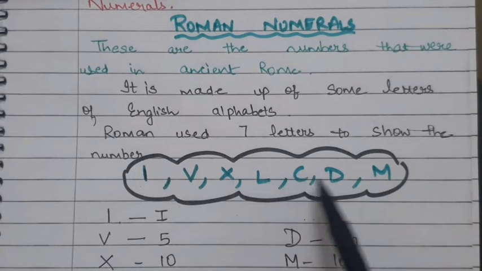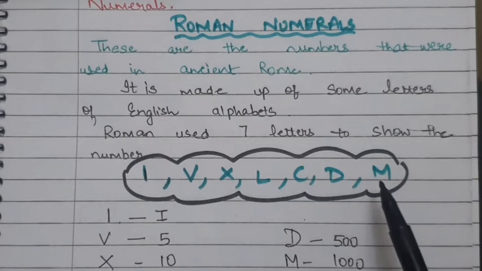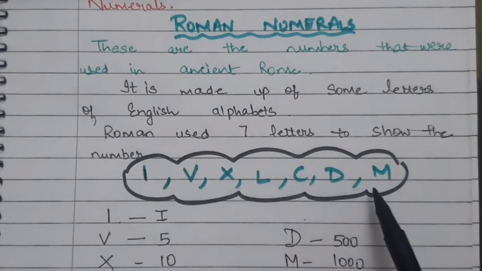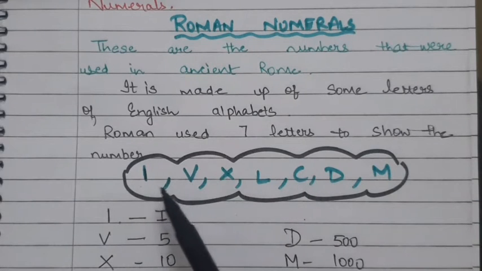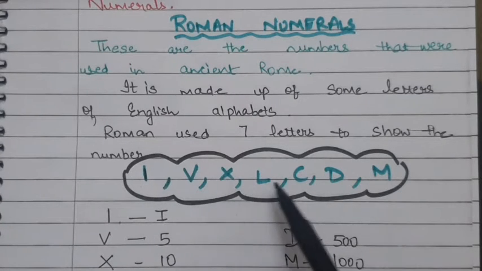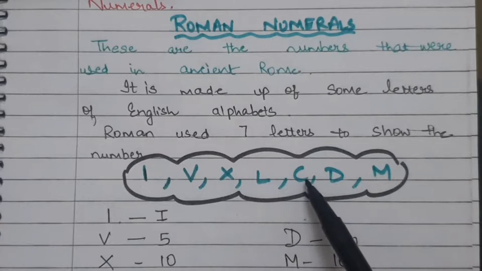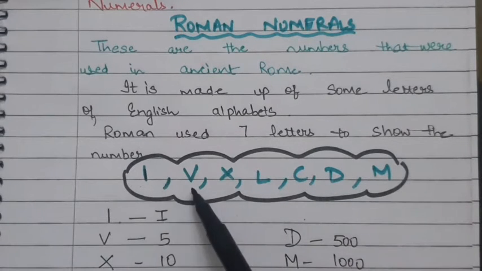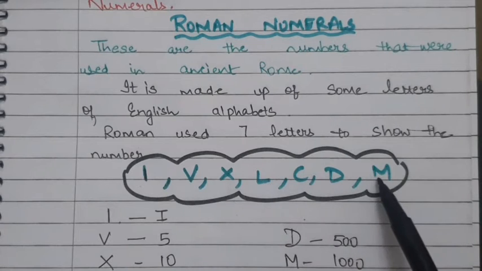These are the 7 letters which are used by Romans to show the numbers. And these 7 letters are I, V, X, L, C, D, M. And every letter represents a number.